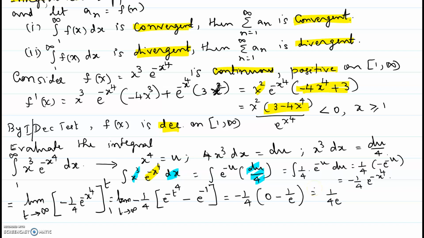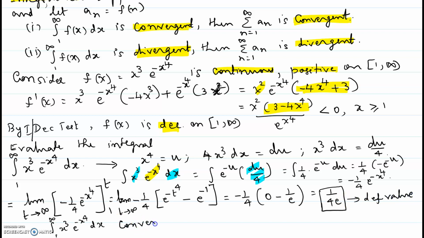So the second part of this problem is asking us to evaluate this integral. The integral value would be 1 over 4e, which is a definite value, which means that the improper integral from 1 through infinity of x cubed e to the negative x to the power 4 dx is a definite value here.